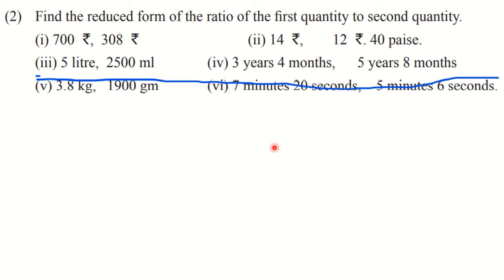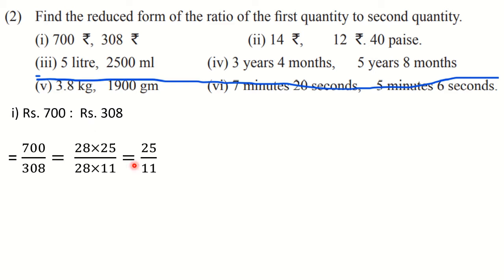Okay. So first one, rupees 700 is to rupees 308. You can find that the ratio can be found out directly with the given numbers. There is no need to convert it because the unit is same. So let us find out the ratio.